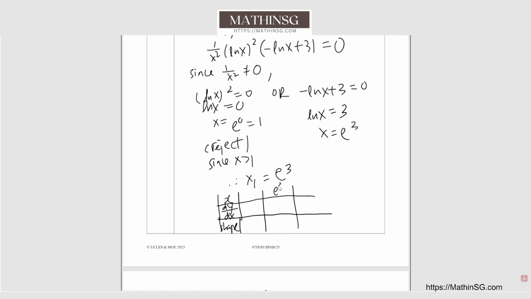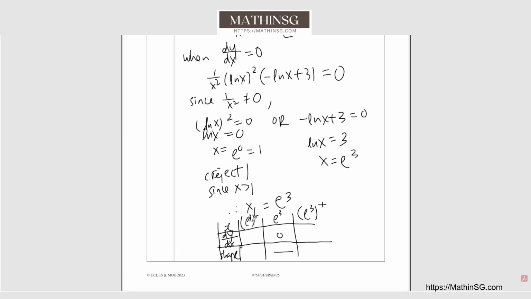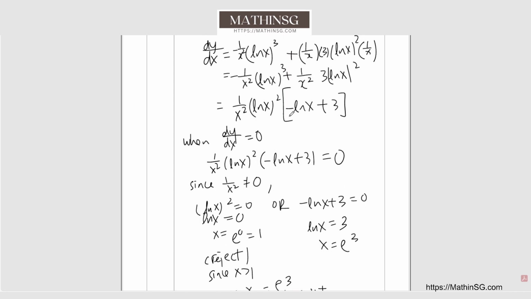So here's e cubed. When x equals e cubed, dy/dx is 0. When it is slightly lesser than e cubed and slightly more than e cubed, there are a few ways to do it. You can set a value that is slightly lesser than e cubed and determine what your dy/dx is. If you do so, you will get a positive value.